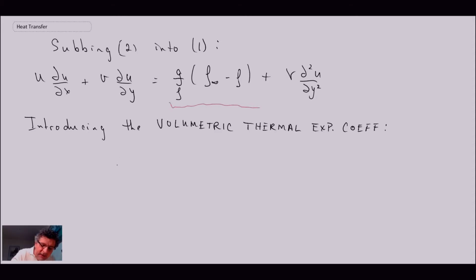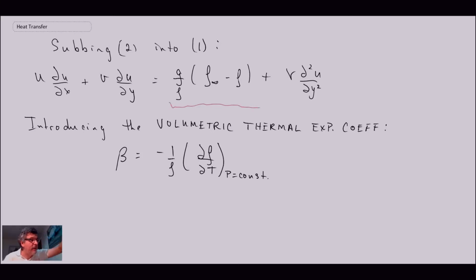The volumetric expansion coefficient is defined in the following manner. So beta is related to the change in density with temperature at a constant pressure.